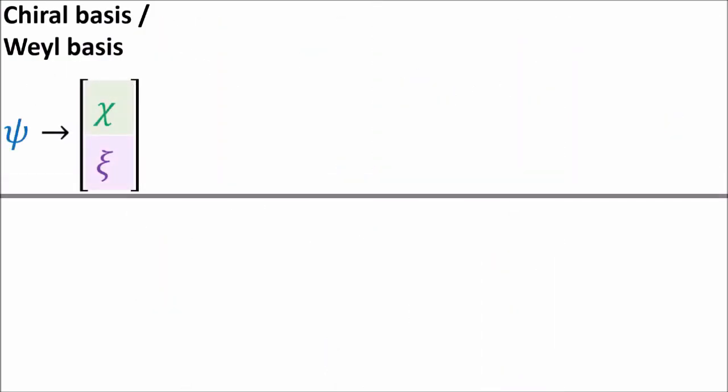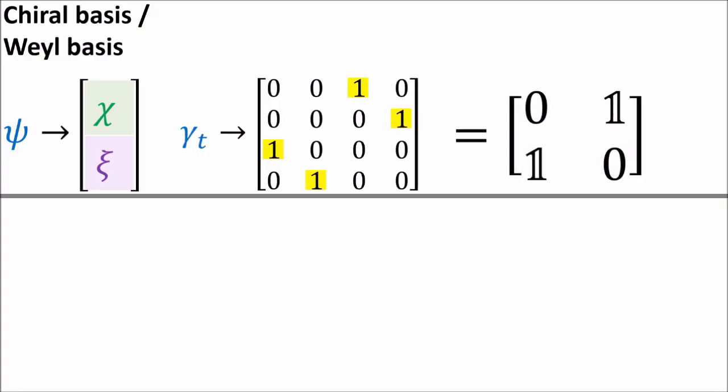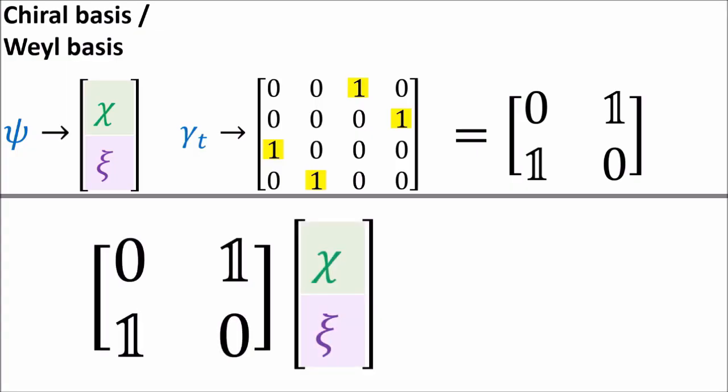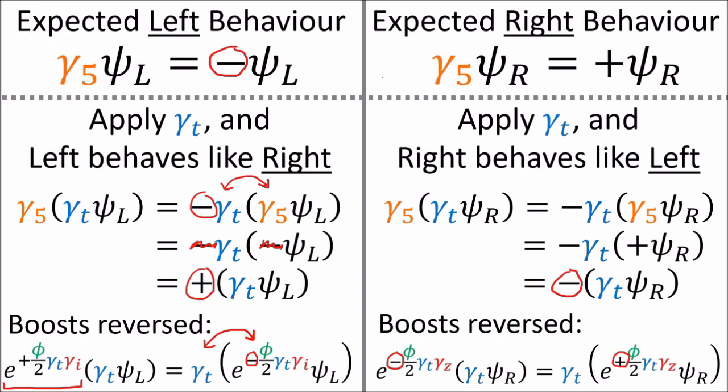The gamma t matrix in the chiral basis looks like this, with 2x2 identity matrices as off-diagonal entries. It's obvious that this swaps the left and right halves chi and psi, but it's important to remember that gamma t swaps the left and right halves in all matrix representations, since we've proved it symbolically without referring to any specific matrix representation.